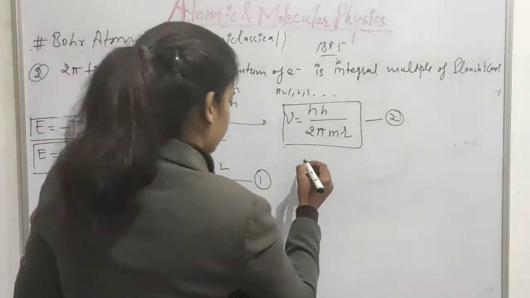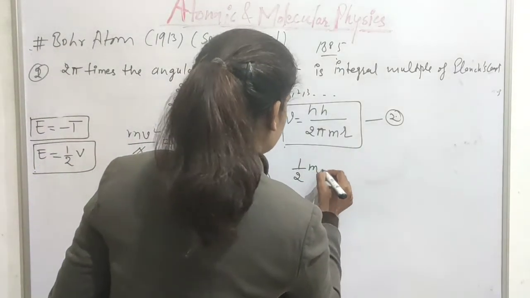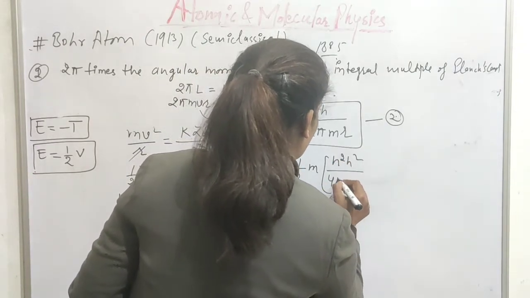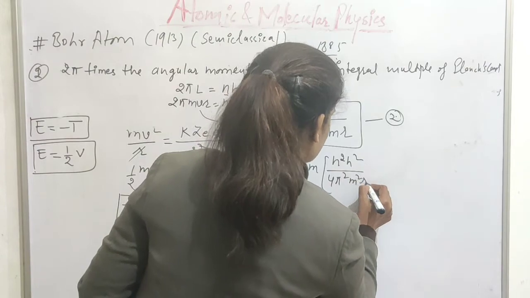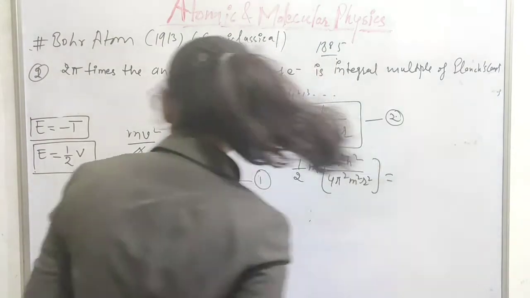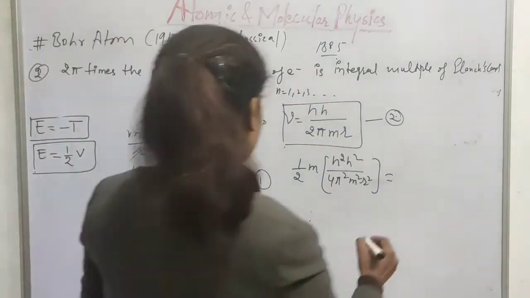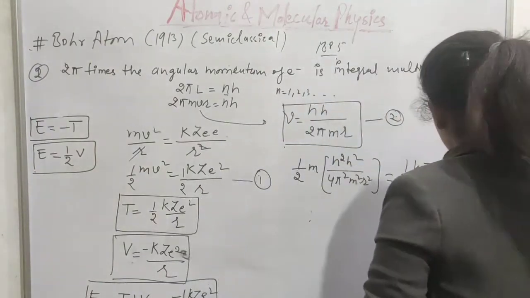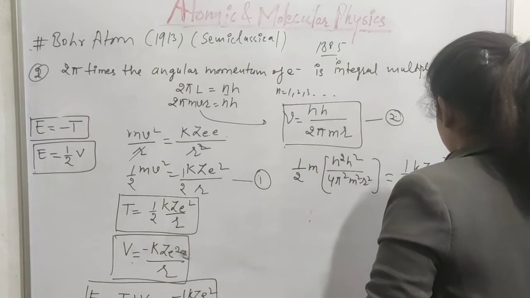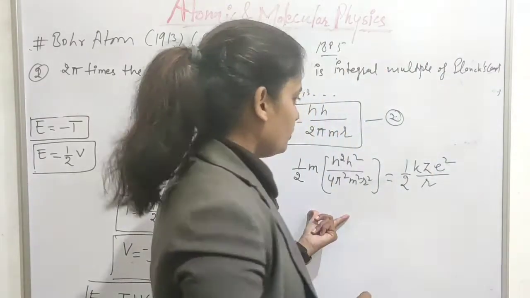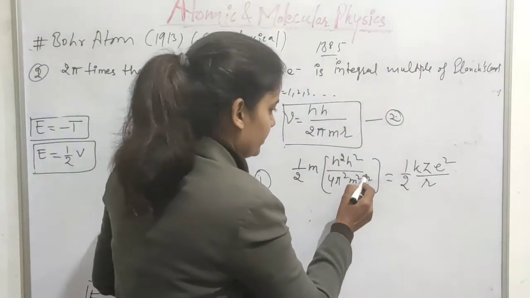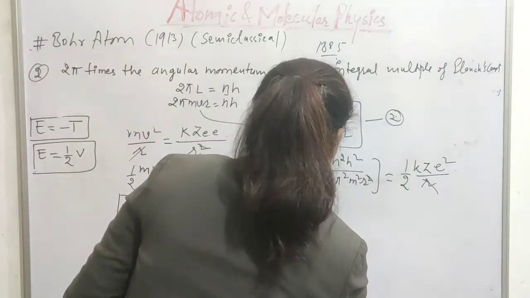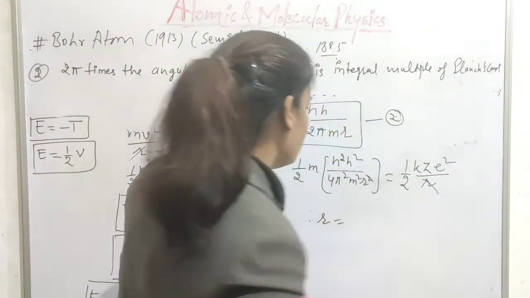So what we will have is half of m times v square, which is n square h square over 4 pi square m square r square, equal to half of kZe square over r. On solving this, cancelling 1 r from both sides, we will find the value of radius r.